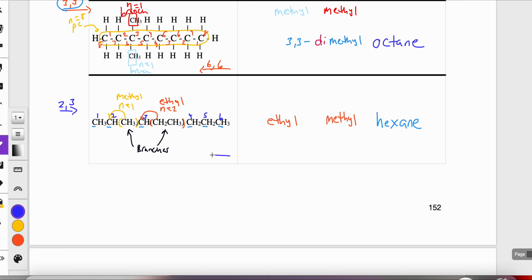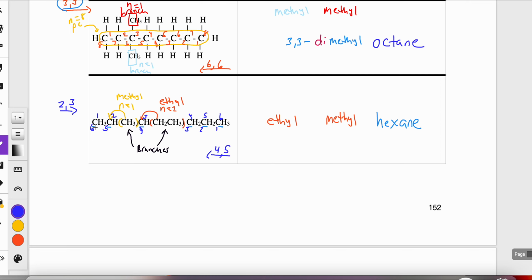Well, we have to get used to looking at it in the opposite direction just to double check ourselves. So we renumber right back to the left. And when we go right back to the left, that's 1, 2, 3, the orange one is on carbon 4 and the yellow one is on carbon 5.